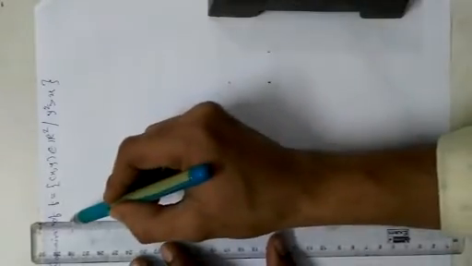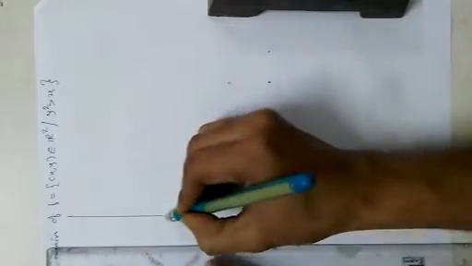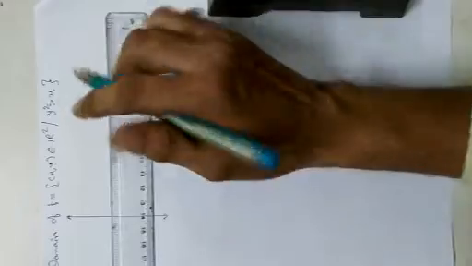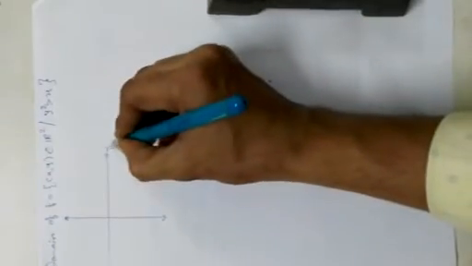Now we will sketch this domain of f. Again we will draw the x axis and y axis first. This is the x axis, this is the y axis.